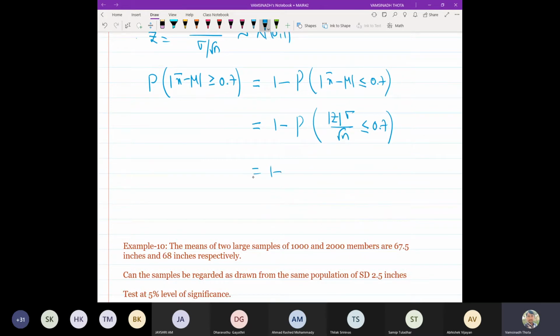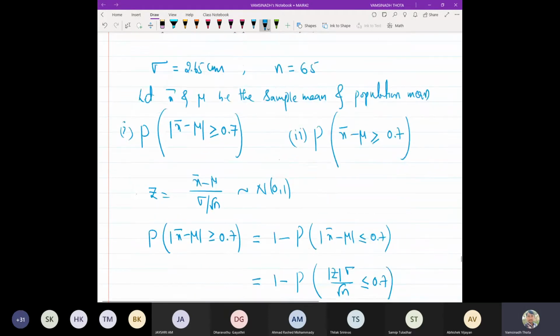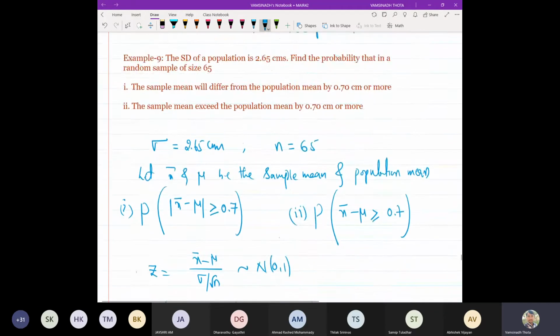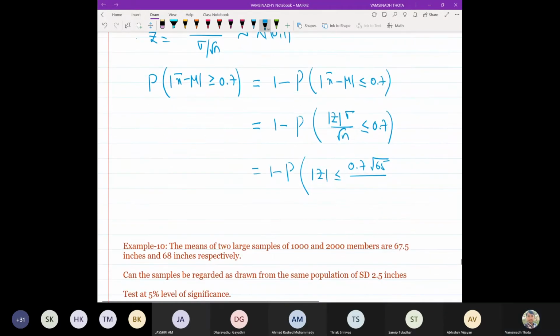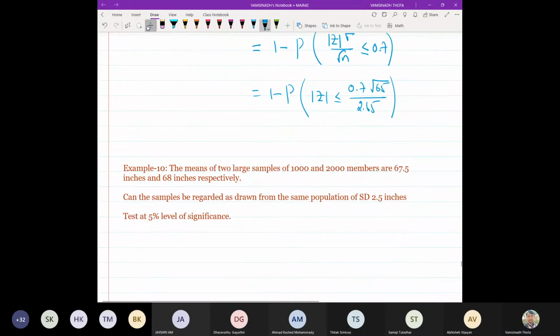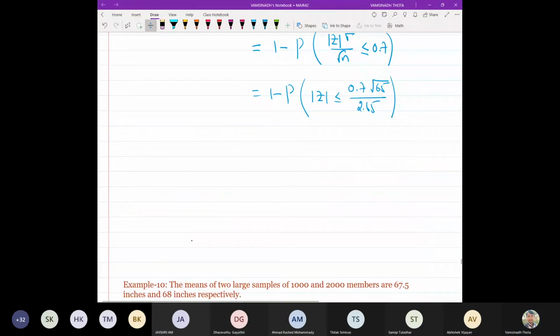That is equal to 1 minus the probability that mod z is less than or equal to 0.7 times square root of 65 upon the standard deviation given to us, 2.65.